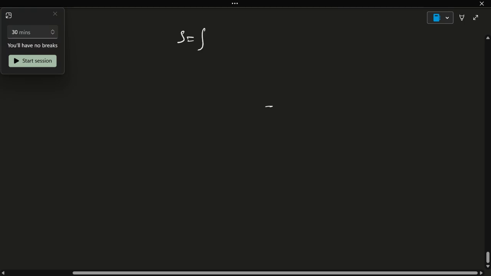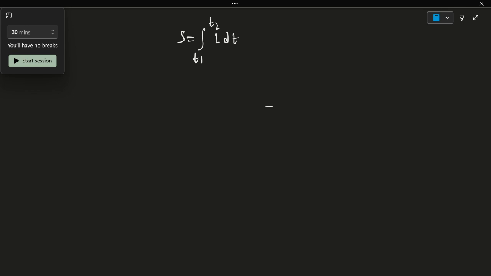That means delta S equals the integral from t1 to t2 of L dt, this is the action. So for the correct path, delta S equals 0.